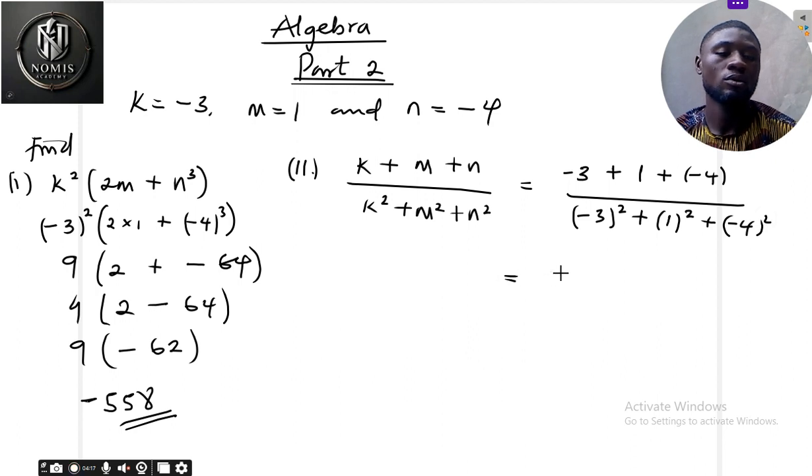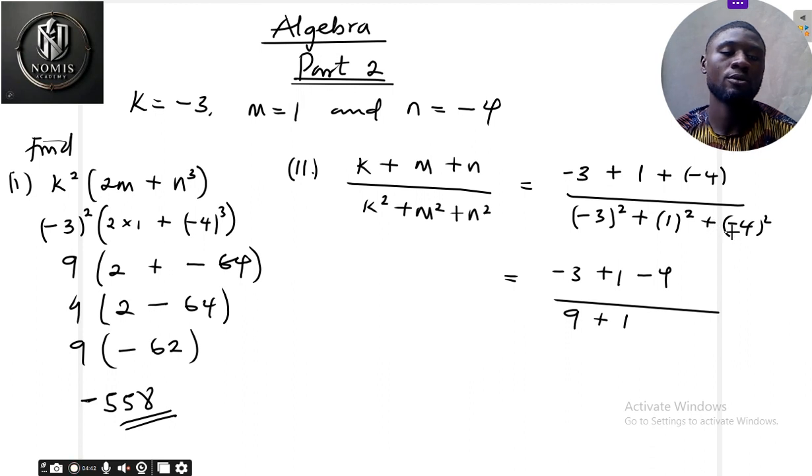So down the board, we have minus 3 plus 1, minus 4, all over minus 3 squared, that's minus times minus gives plus, 3 times 3 is 9. So this will be 9 plus 1 squared is 1. Now, you can't just say plus multiplied by minus, because this minus 4 is squared.